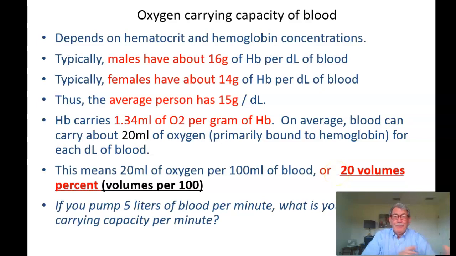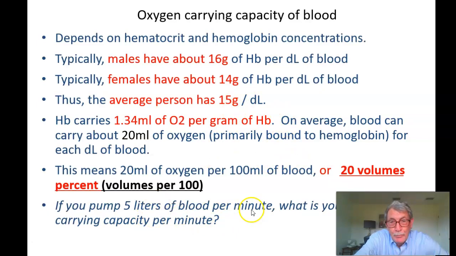Sounds confusing, but 20 mLs per a deciliter is 100 mLs. That's why they do it per deciliter. So 100 mLs of blood has 20 mLs of oxygen. 100 quarts of blood would have 20 quarts. 100 gallons of blood would have 20 gallons of oxygen. That's what 20 volumes per 100 means. It's 20 per 100 of anything, any volume.